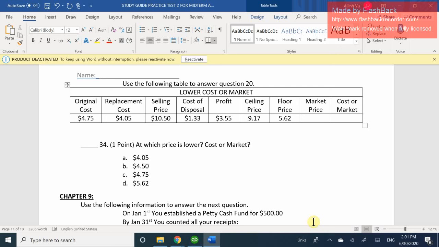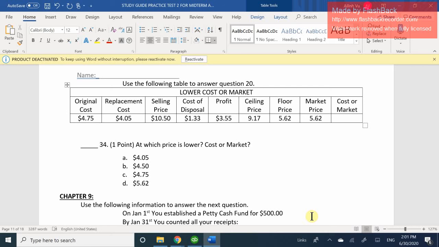And then how do you determine what the market value is? What are the three numbers that you're going to be looking at? You compare your ceiling, floor, and replacement costs. Okay, so we got 917, we got 562, and we got 402, or I mean 405. What's in the middle? 562. Yep, 562.